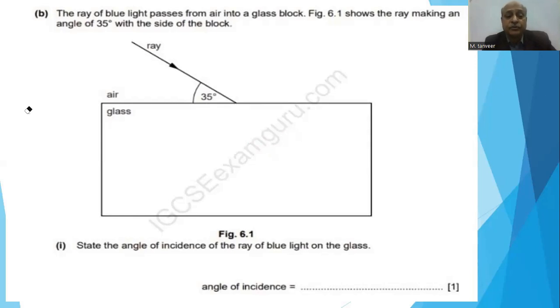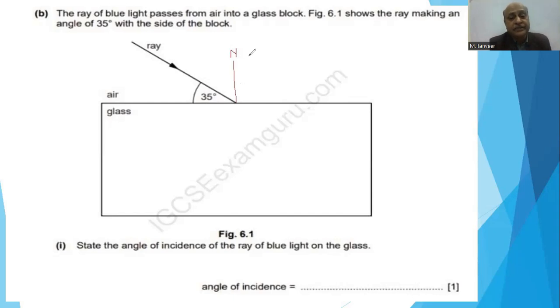First of all, you must know what the angle of incidence is. The angle of incidence is the angle which the incident ray forms with the normal. First you have to draw the normal, the line which makes a 90-degree angle. This is the normal, or it is also called the perpendicular.